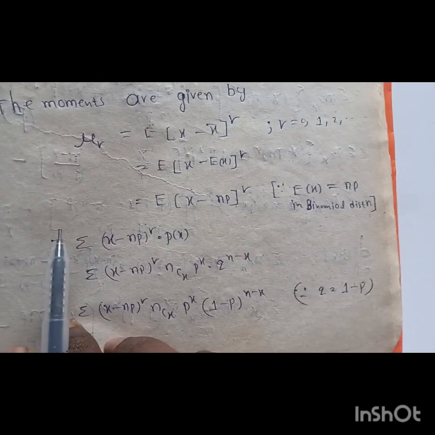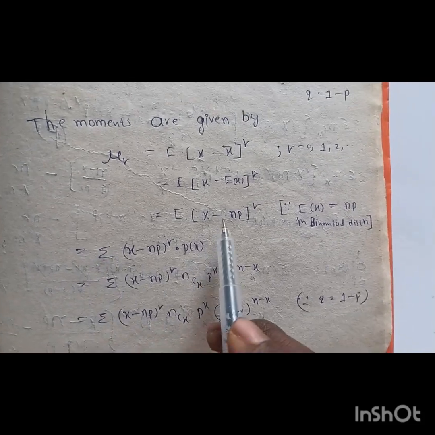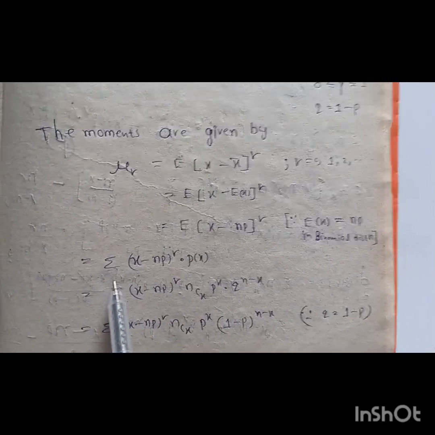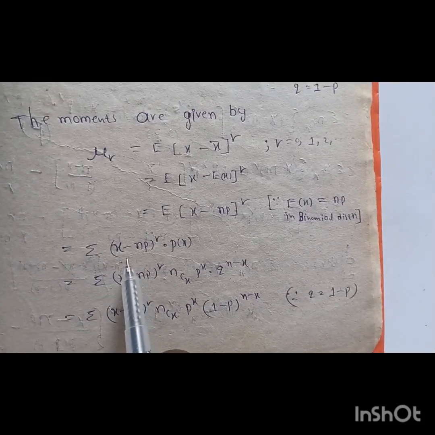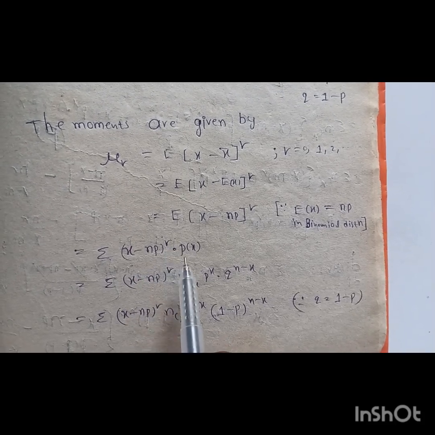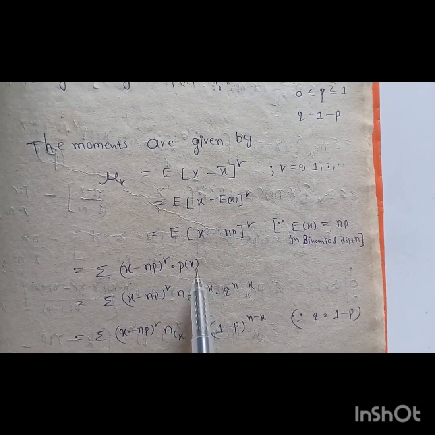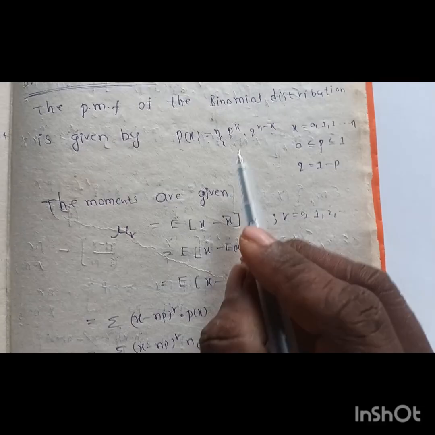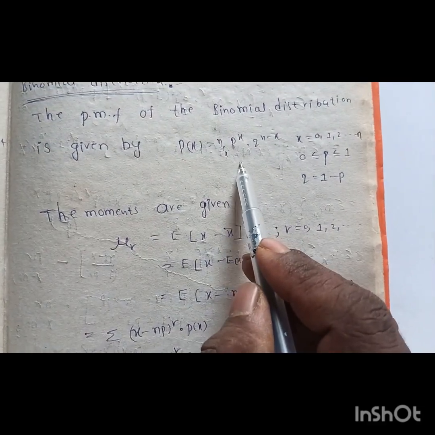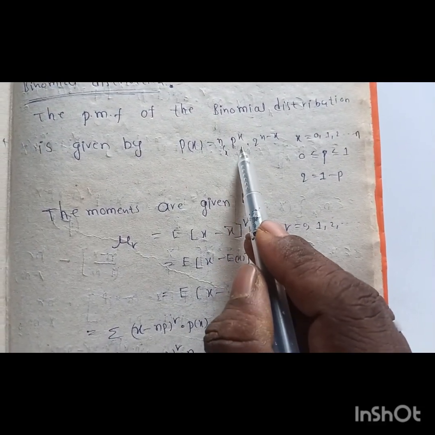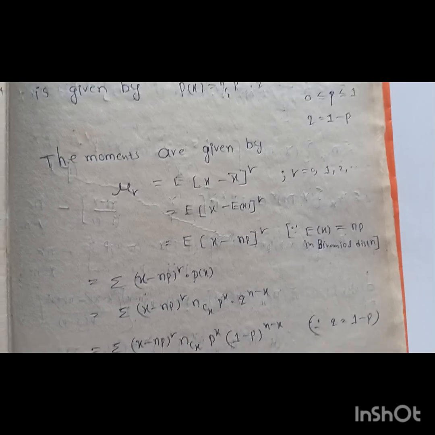So if you consider the expectation, summation of x minus np whole to the power of r into p of x. So what is our p of x? P of x is, as per the binomial distribution, nCx p to the power of x q to the power of n minus x.